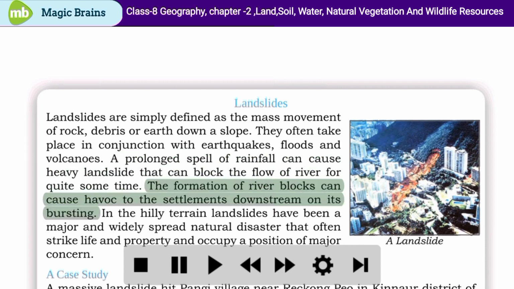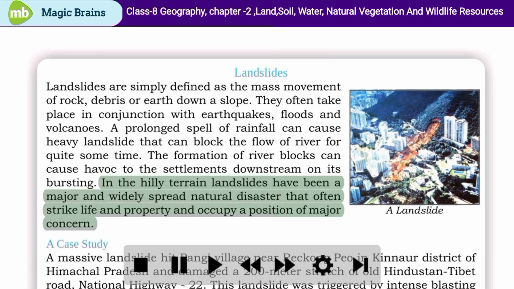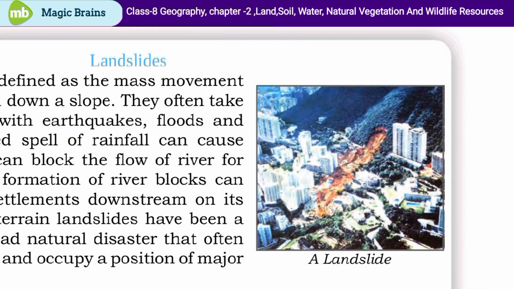The formation of river blocks can cause havoc to the settlements downstream on its bursting. In the hilly terrain, landslides have been a major and widely spread natural disaster that often strikes life and property and occupy a position of major concern. On the top right side, there is an image given which shows a landslide.